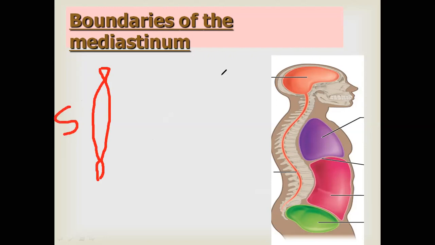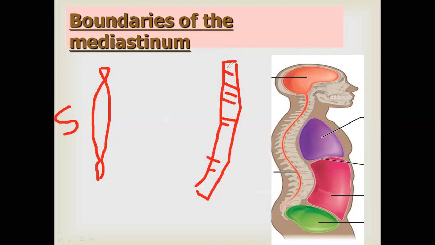Posteriorly, this is a side view, these are the vertebrae. We have 12 thoracic vertebrae, from number 1, 2, 3, 4, and so on, till number 12.